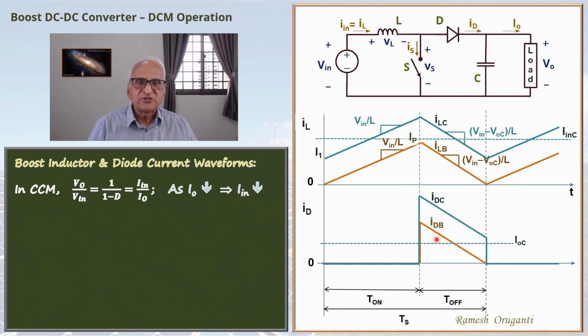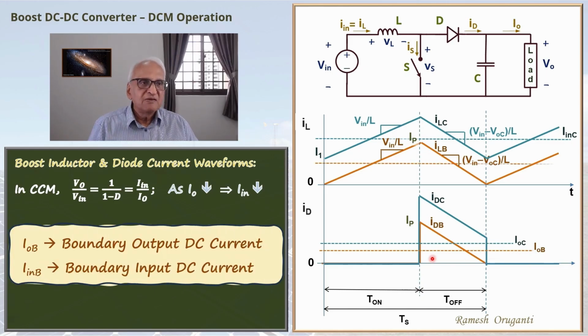During the T-off interval, the diode current starts from I_P and then follows the inductor current and goes to 0 at the end of the T-off interval. The average of the I_DB waveform is I_OB, which is less than I_OC. The corresponding input current is I_in B, which is the average of the inductor current I_LB. I_in B by I_OB ratio will still be 1 by 1 minus D.